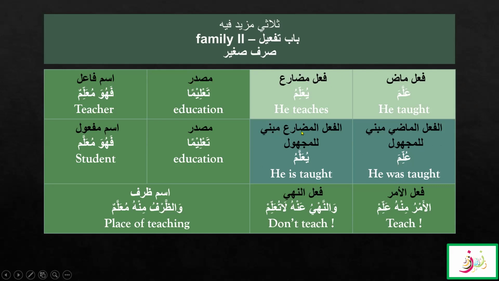So, yallamu for fail mudari mabni lil majhul is يعلموا يعلمان يعلمون تعلموا تعلمان يعلمنا.